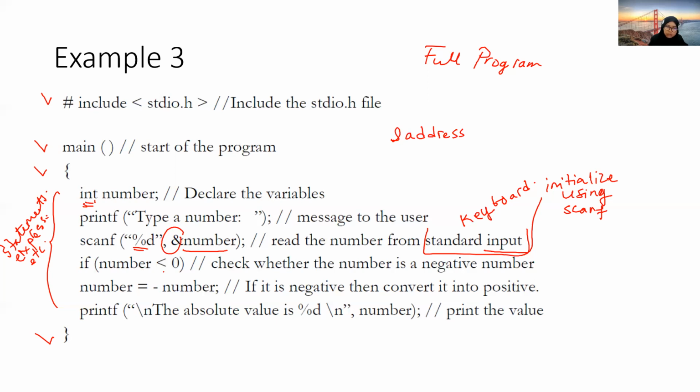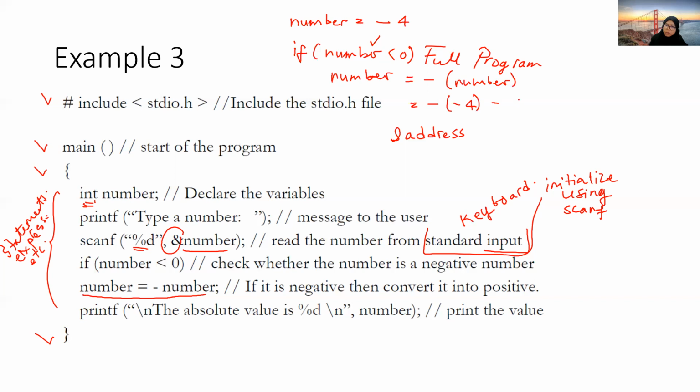All right. If number is less than 0, then it will make it minus that number. What does it mean by that? For example, if I key in my number equals -4. So the condition is if number less than 0. -4 is less than 0, so this is true, and number equals minus the number, which is minus -4, and it will be 4.